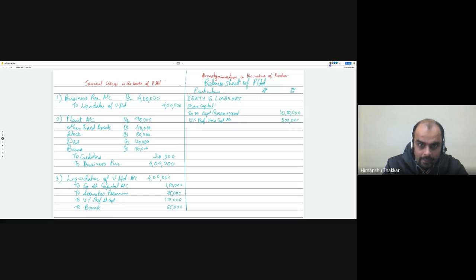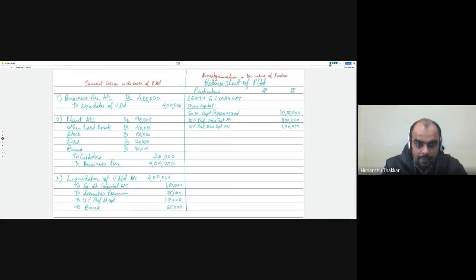Then the new shares issued, and 1 lakh 10,000 will be written under securities premium.